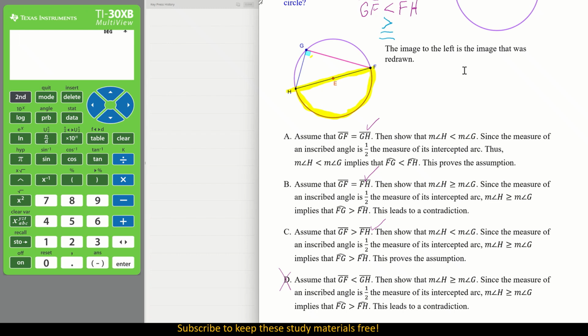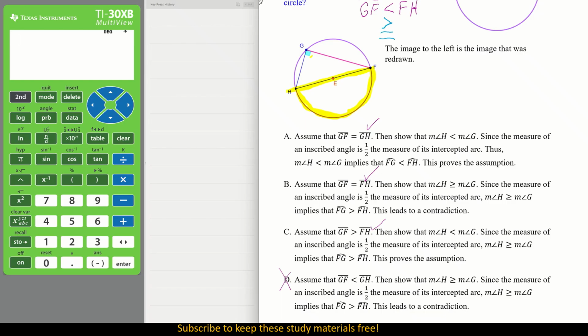Now let's look at C. Let's look at the end of it. It says this proves the assumption, that G is greater. But that's not the assumption we want to prove.